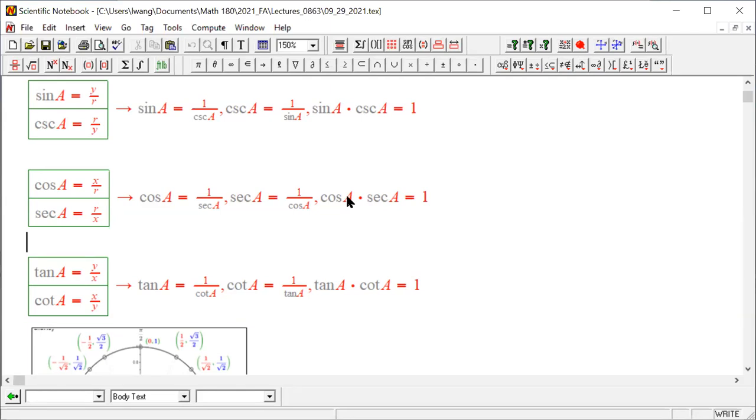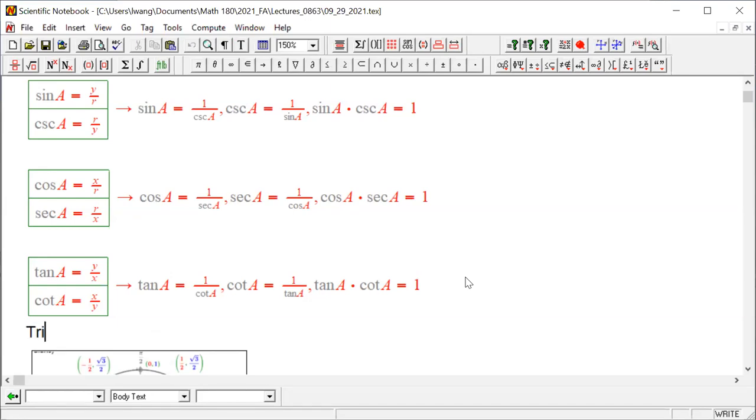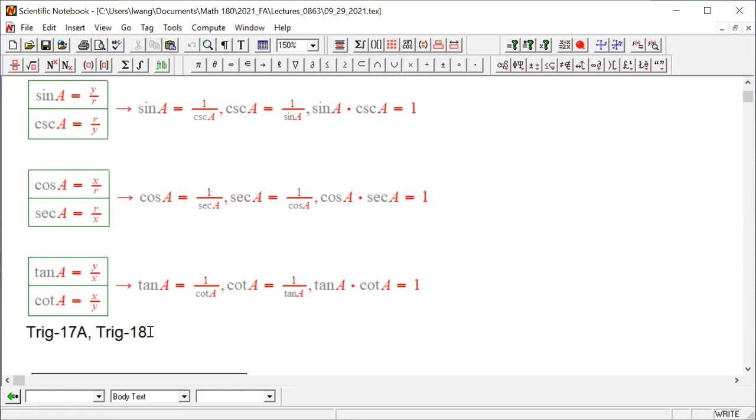The material I put together, which I already assigned you for homework, is titled Trig 17, Trig 18. I have A and B. For now, you may like to get to the A's. If you're done with the A's, get to the B's.